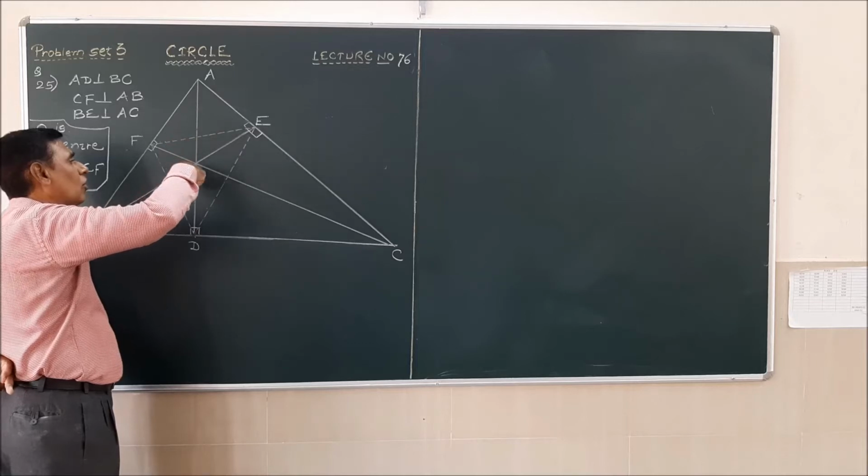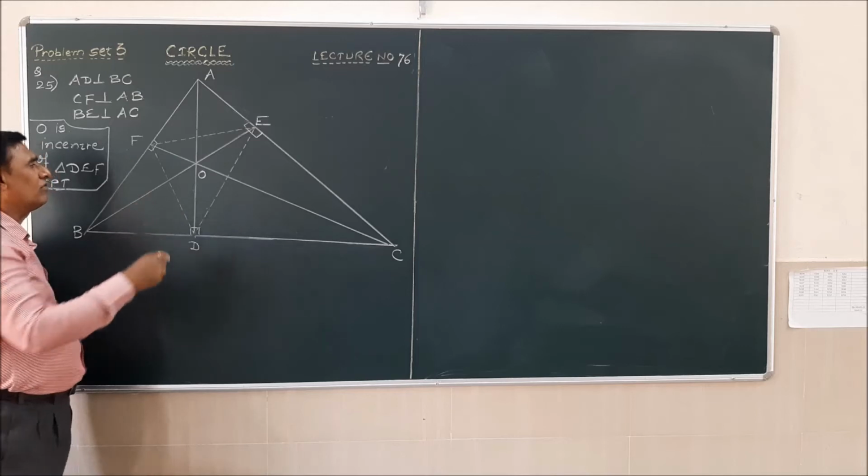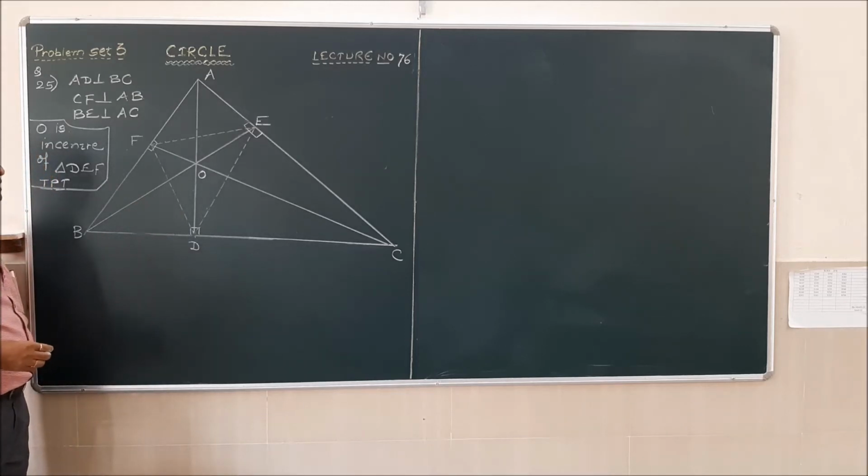So if I draw a circle taking O as the center, it will touch the sides DF, DE and EF.